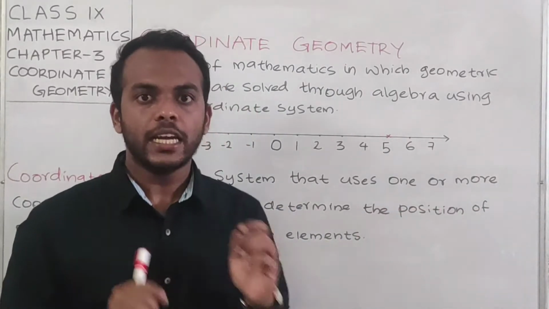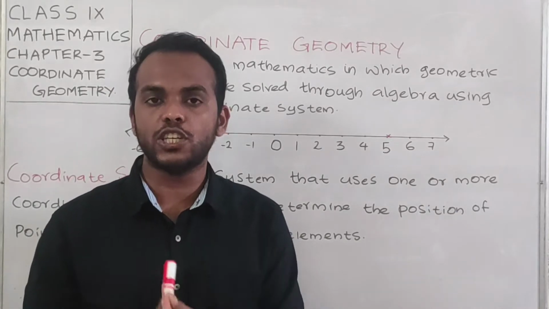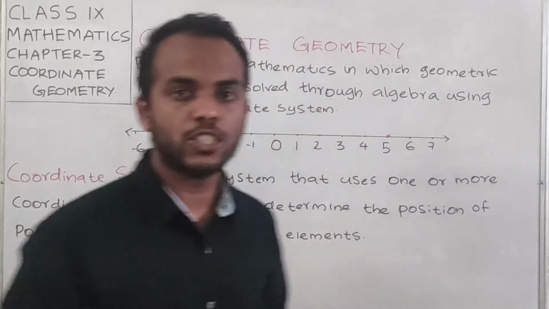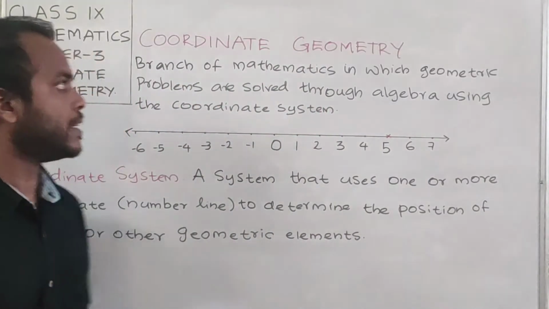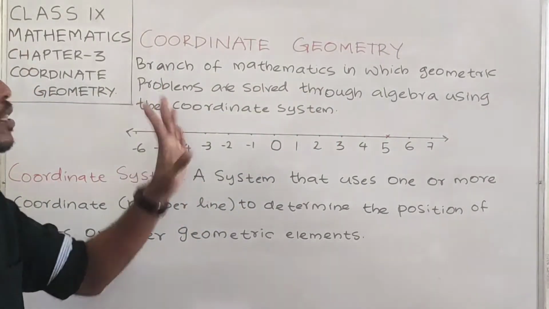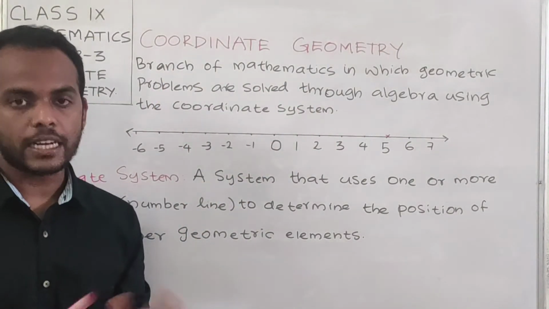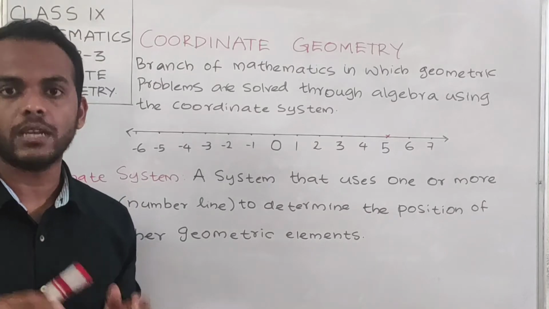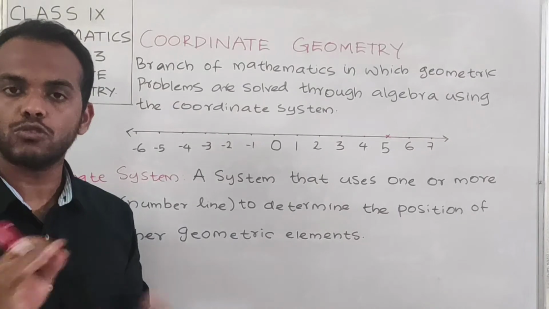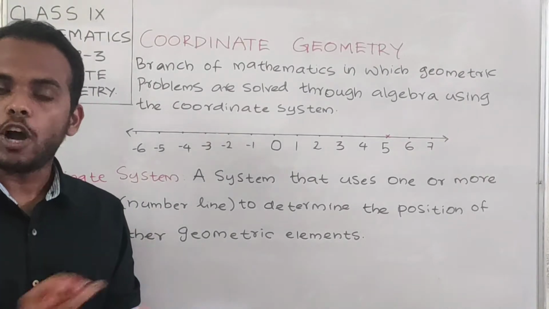We have seen what a number line is and how it helps us to mark or determine a point in the number line. Now let's see what is the meaning of this chapter, that is, what is meant by coordinate geometry. It is a branch of mathematics in which geometric problems are solved through algebra using the coordinate system. The definition may seem a bit confusing, but it's simple. We use this branch of mathematics to solve geometric problems.